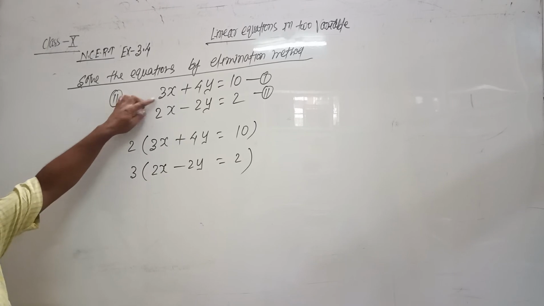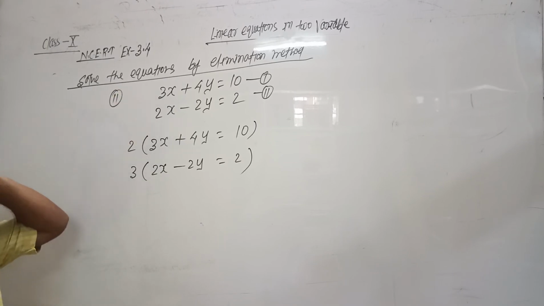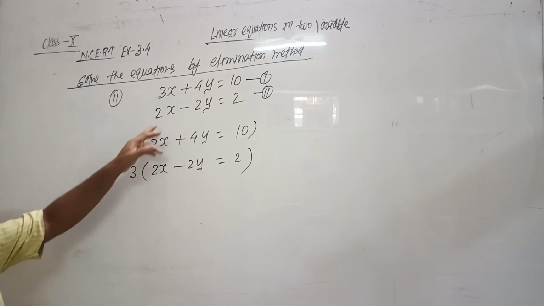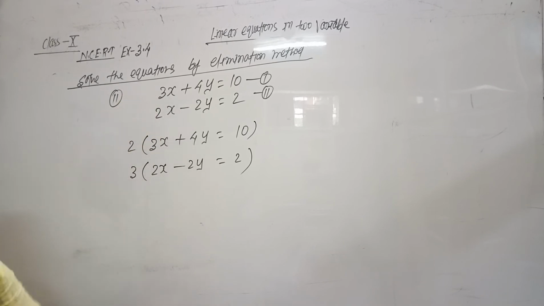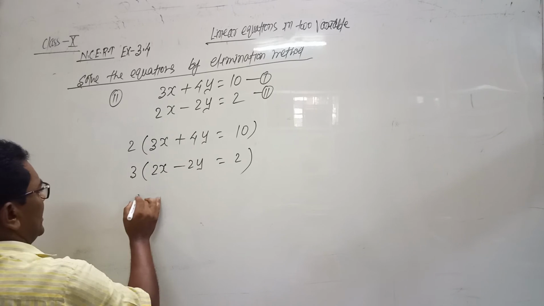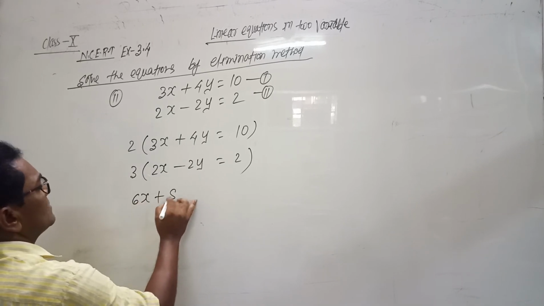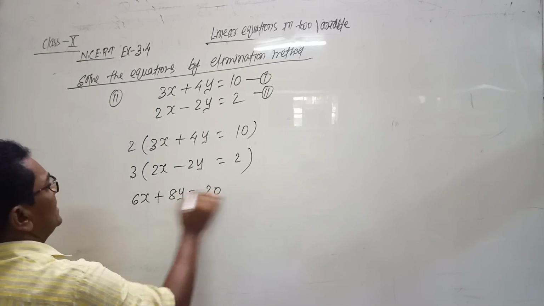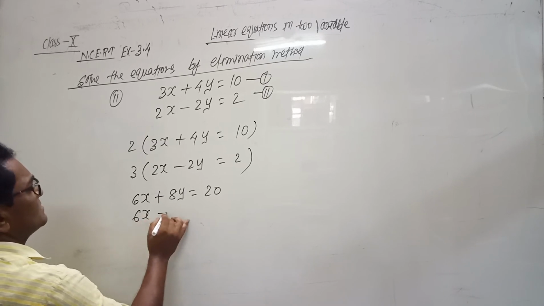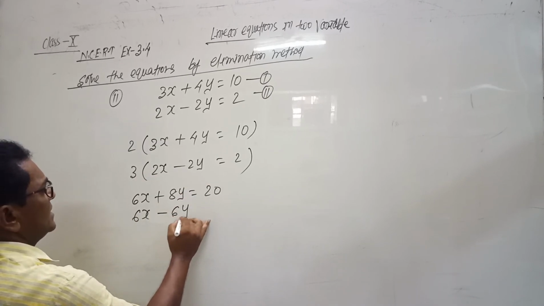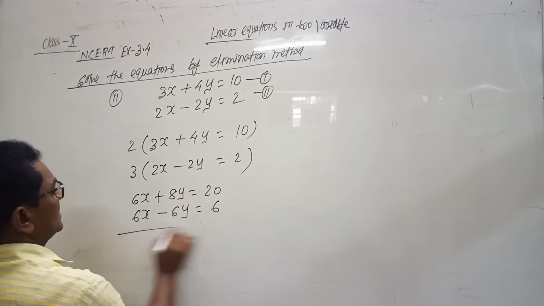So 2 into 3 6x plus 8y equals to 20. This is again 6x minus 3 into 2 6y equals to 3 into 2 6.